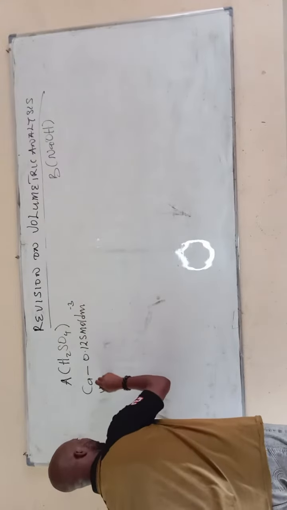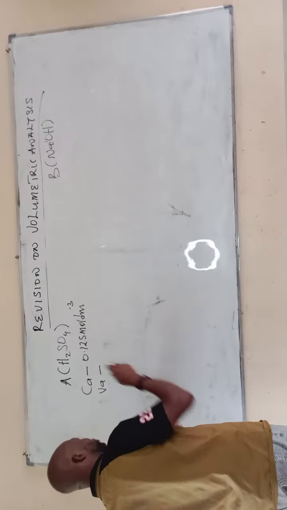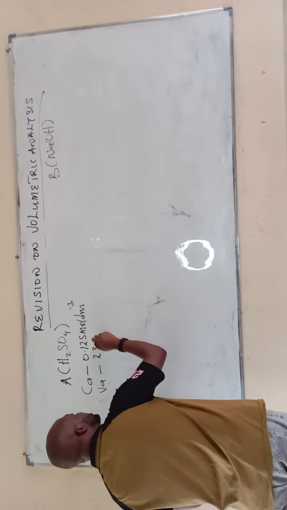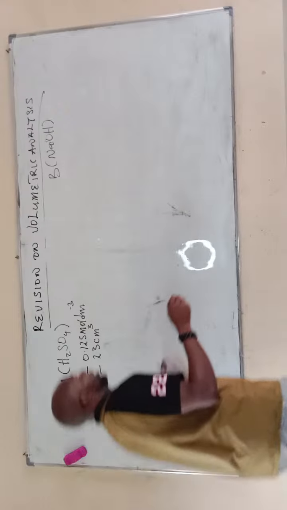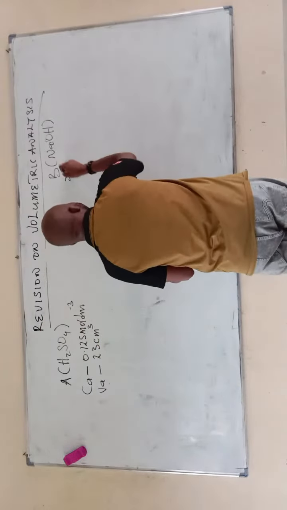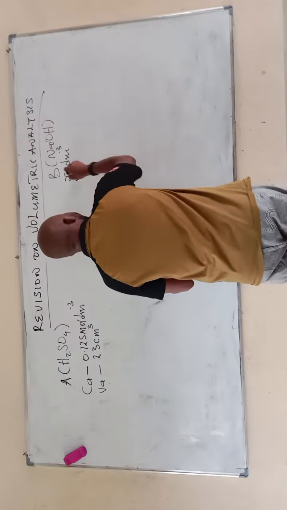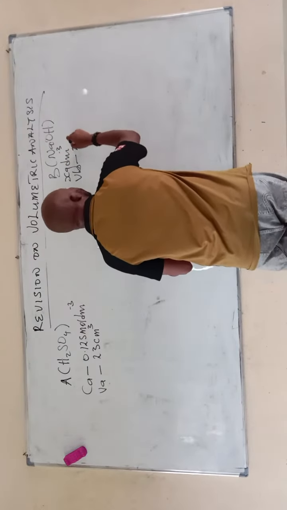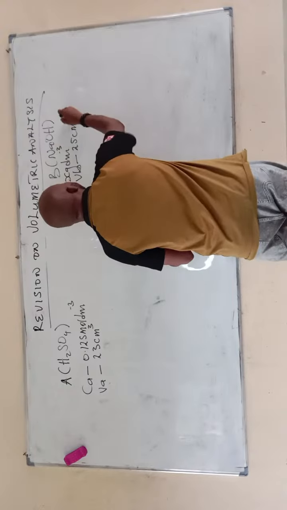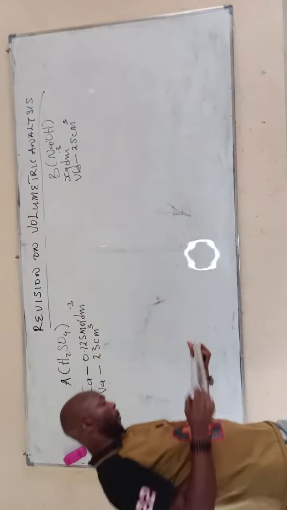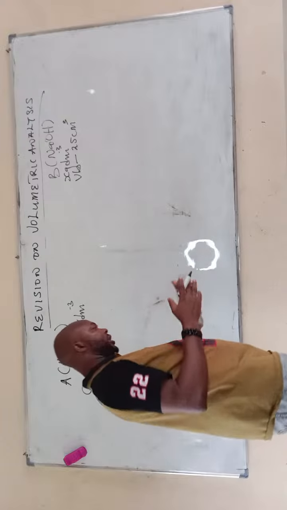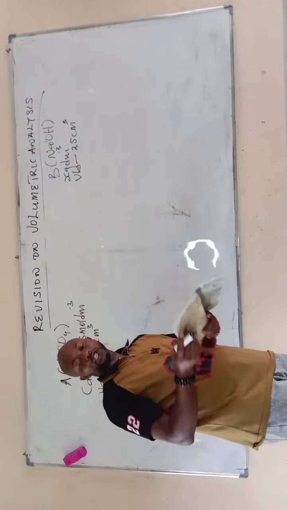And VA is given to be 23 at the end point. While here we have X g/dm cube, and the volume of the base is 25 cm cube.